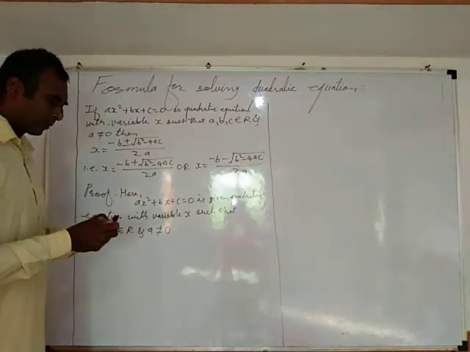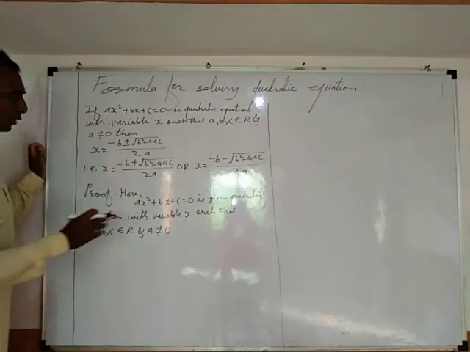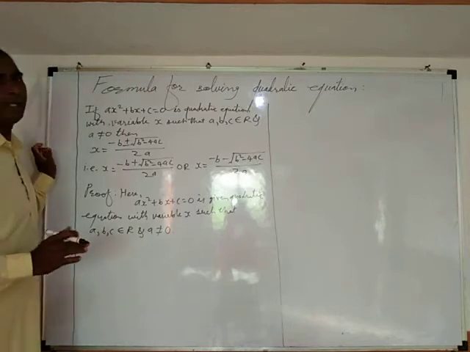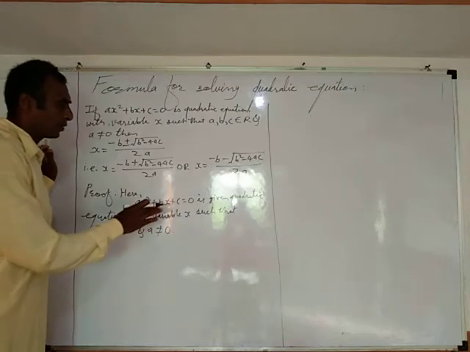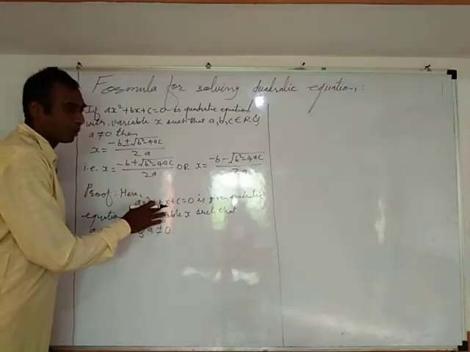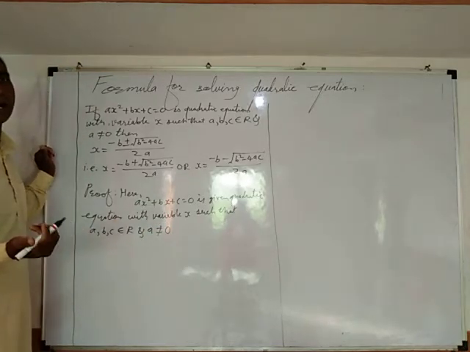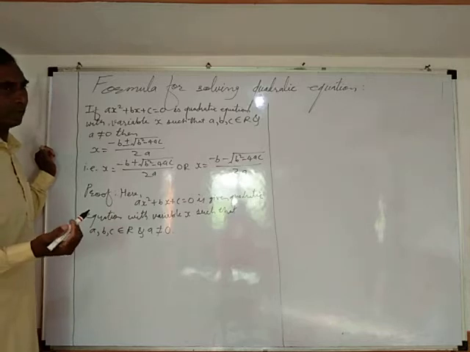Okay, let us suppose we are unable to factorize the product of a into c in the form of p into q such that p plus q is equal to b. Here a, b, c, p, q are all not in integral form.